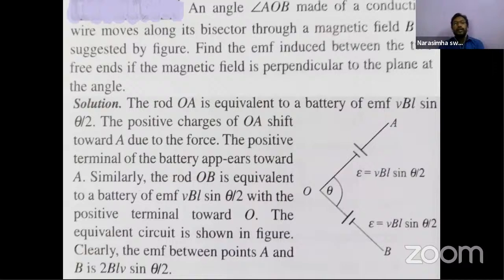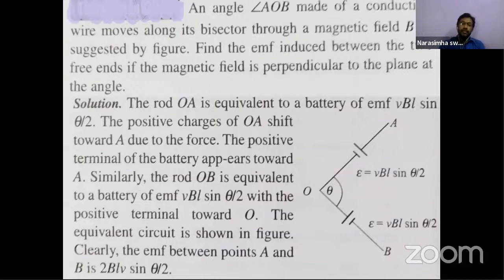The positive charges of OA shift towards A due to the force. Observe the force direction, and the positive terminal of the battery appears towards A. Similarly for the rod OB, the equivalent battery EMF is vBL sin theta by 2, with the positive terminal towards O. The equivalent circuit is shown in the figure.